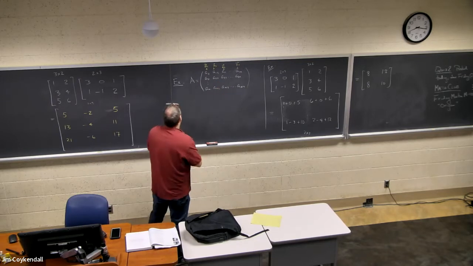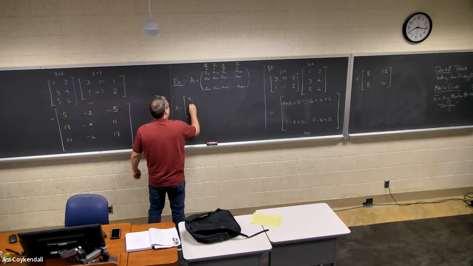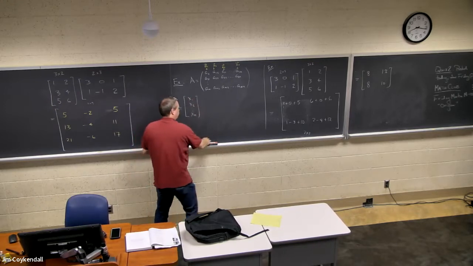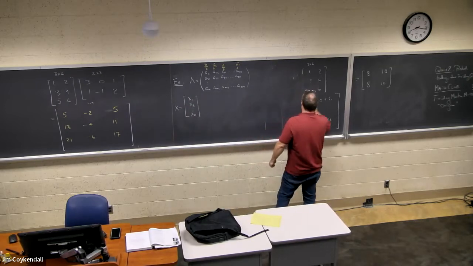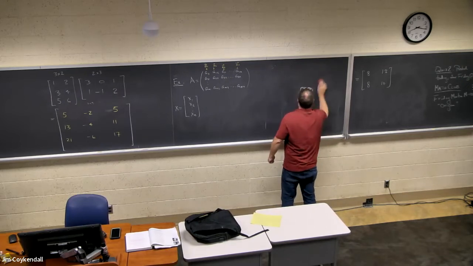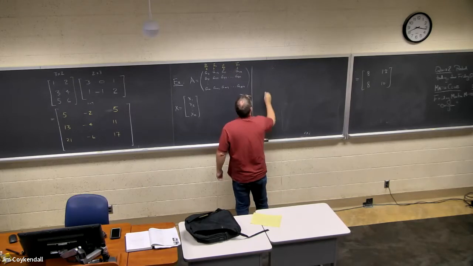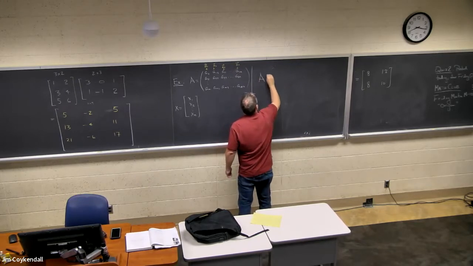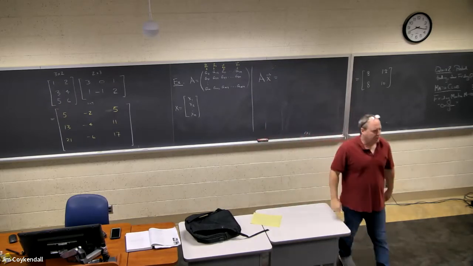And if we have X as X1, X2, Xn, then if you use this matrix multiplication rule that we have, I'm deconstructing your book's definition.